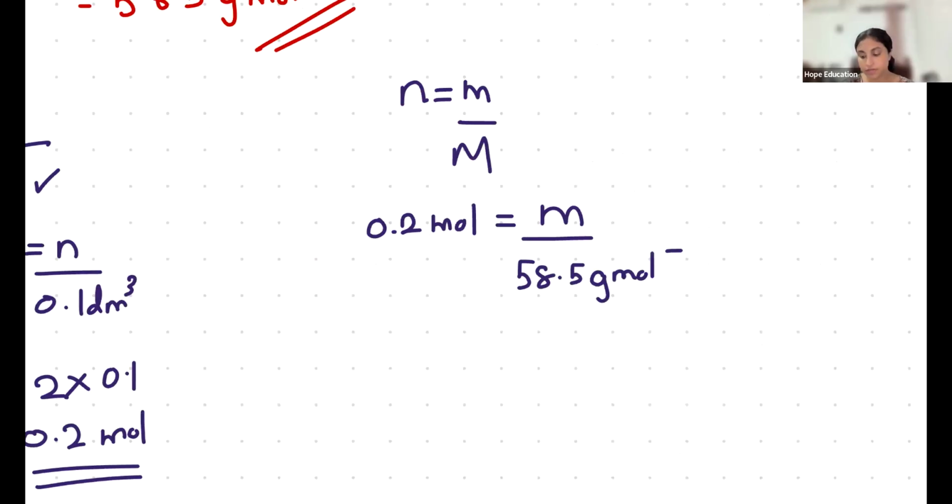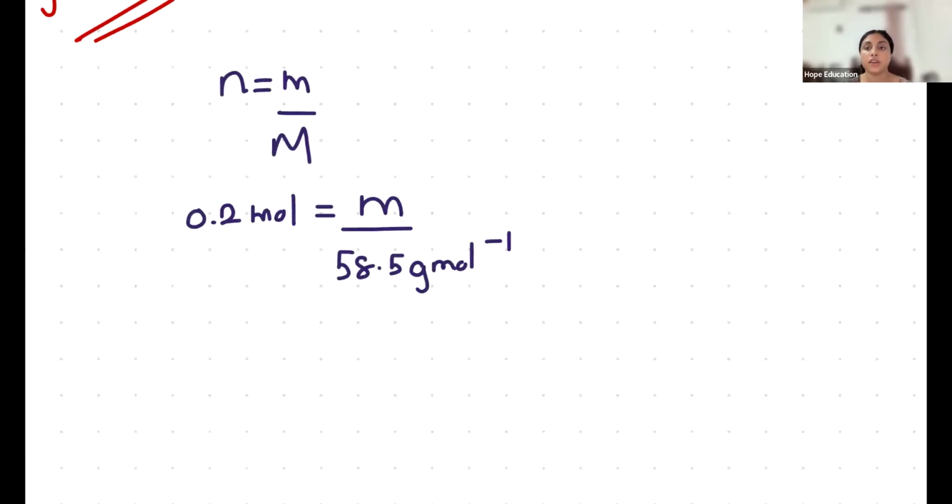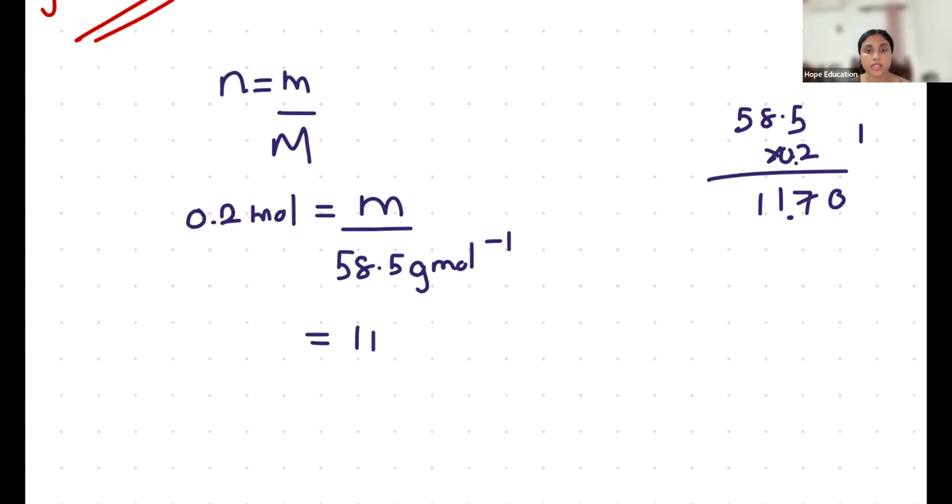So we'll do a little bit of simplification: 58.5 multiplied by 2. 2 times 5, 10. 2 times 8, 16 plus 1, 17. 1 remaining. 2 times 5, 10 plus 1, 11. With the decimal place, I get 11.7, so m equals 11.7 grams.